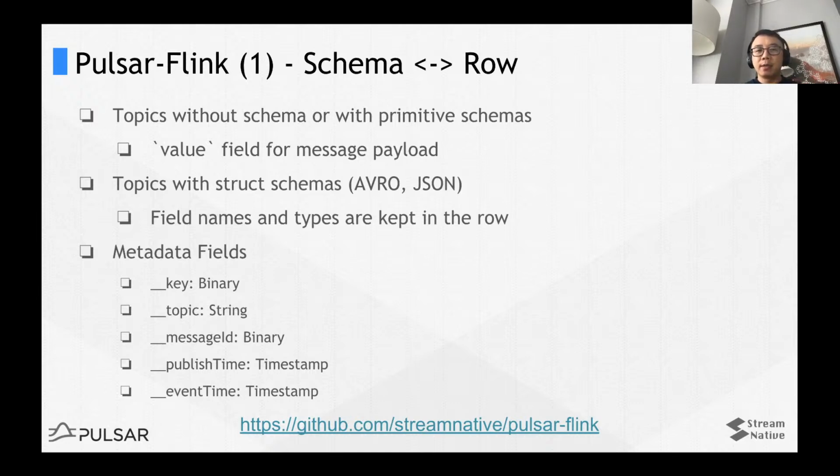What we did here is, for topics or streams without schema, or with primitive schema, we convert the message payload into a value. And for any topics with a struct schema like Avro or JSON, we convert the individual fields and types into Flink fields and types.